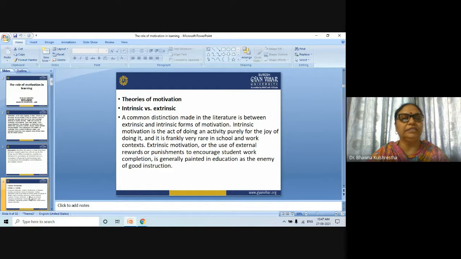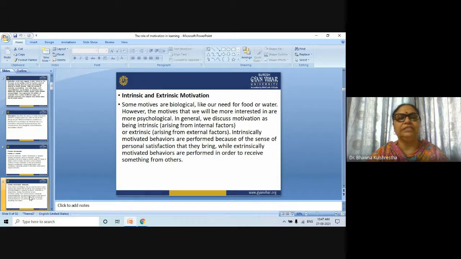Now, on intrinsic and extrinsic motivation: some motives are biological, like our need for food or water. However, the motives that we will be more interested in are more psychological in general.